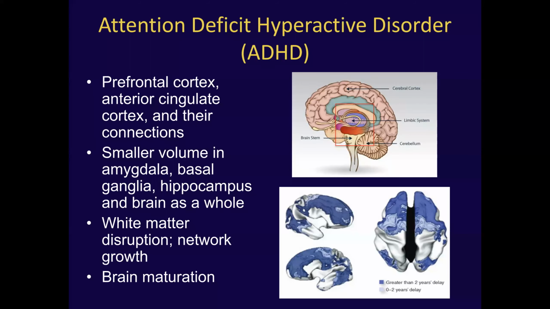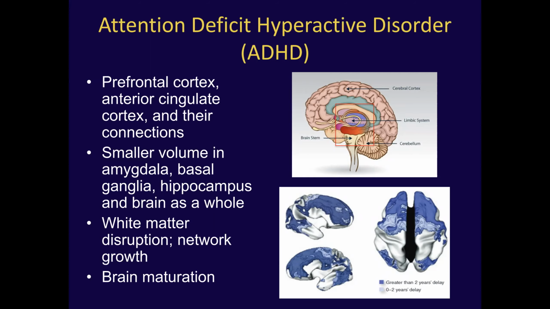This can lead to deficiencies in executive function. The frontal lobe, which I have my mouse on here, is important for inhibiting behavior, organizing, emotional behavior, and sustained attention.